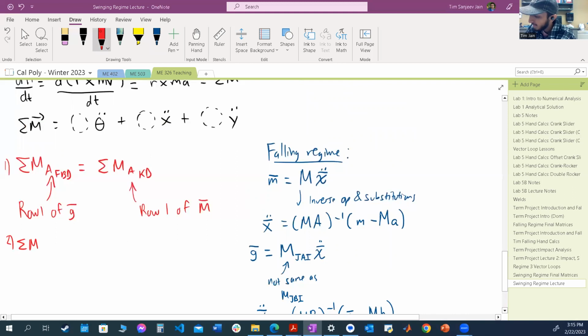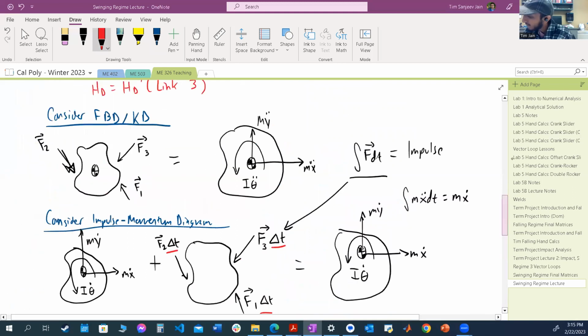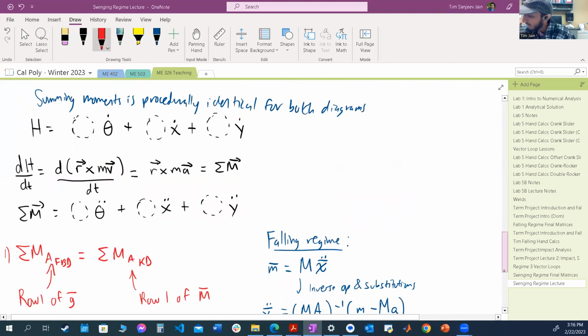So sum the moments about, we moved it up to C, yeah.